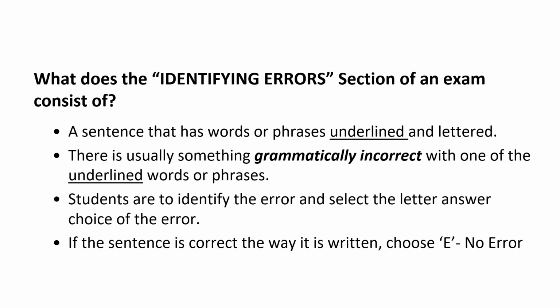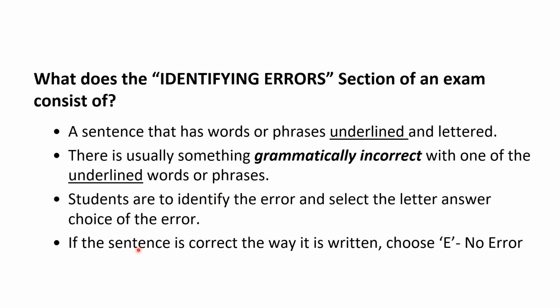So this type of exam has sentences. Each sentence has words or phrases which are underlined, and underneath these underlined words and phrases, there are letters which serve as the options. There is usually something grammatically incorrect with one of the underlined options.